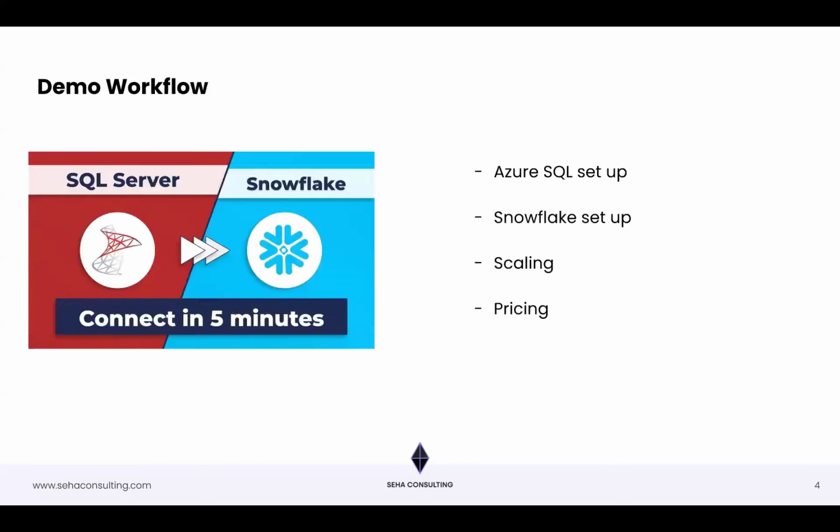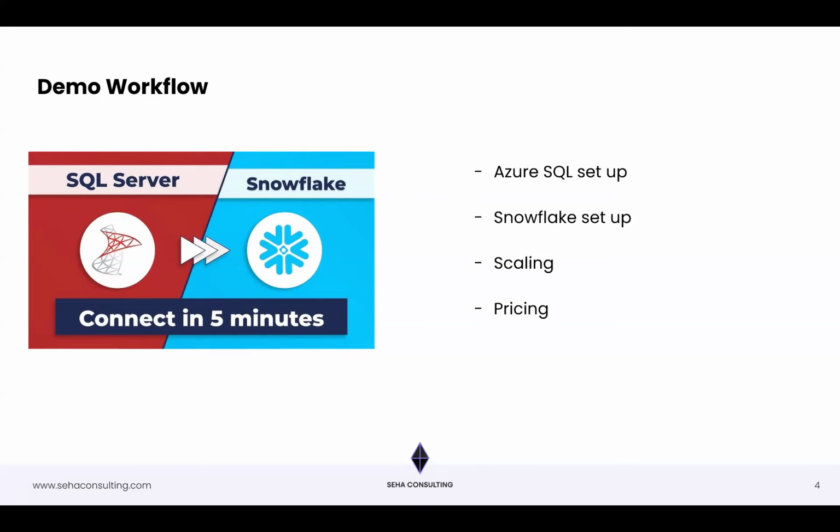With that, we're going to show in our demo how easy it is to set up an incremental load from an Azure SQL database to Snowflake, our target. In our use case, we'll talk about setting up your Azure SQL environment, what that entails, and how you set up Snowflake.